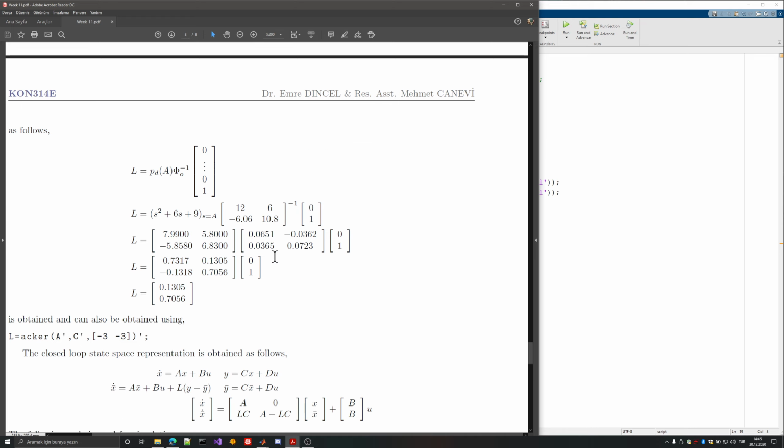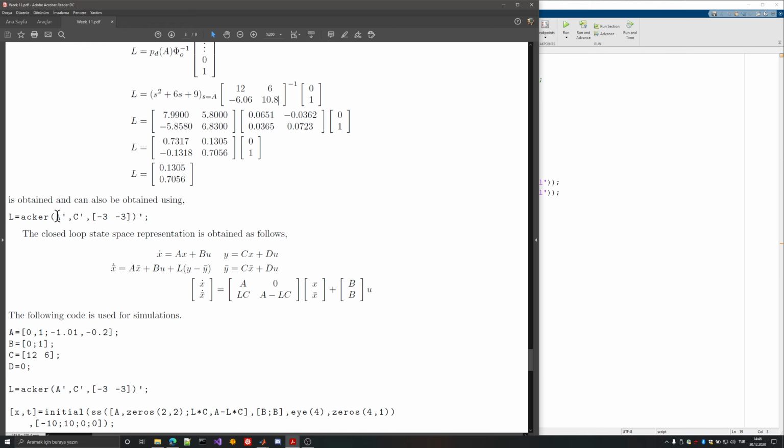Or as I've told you, the other approach can be treating A transpose and C transpose as A and B in the controller design problem, and providing some poles so that it will give you L, but you take the transpose in order to have the right thing, because you will multiply this with the output. So this is Ly, so it should be a column vector because of the structure of the system.